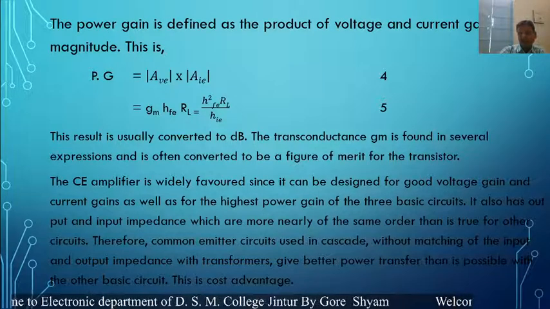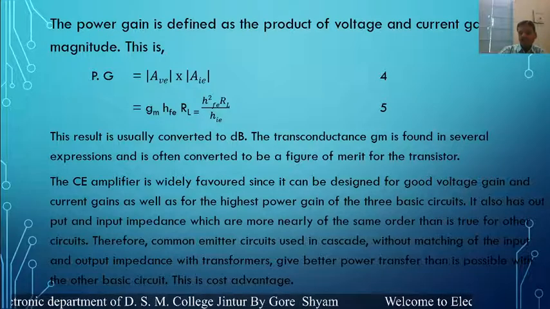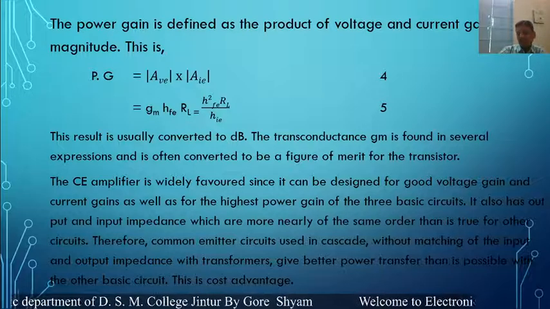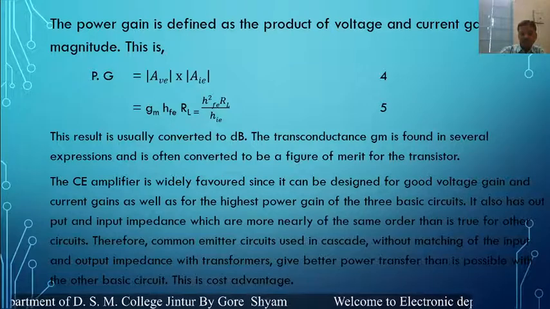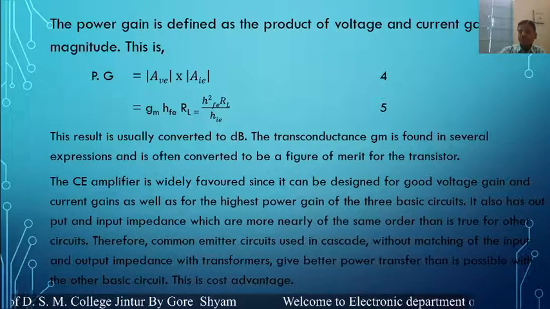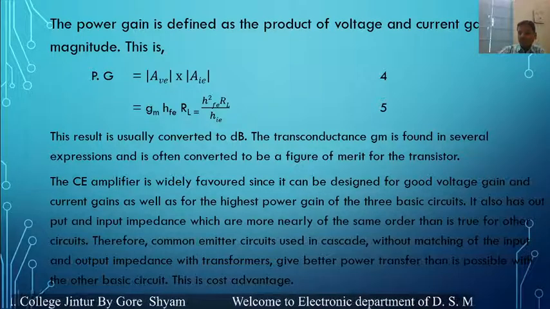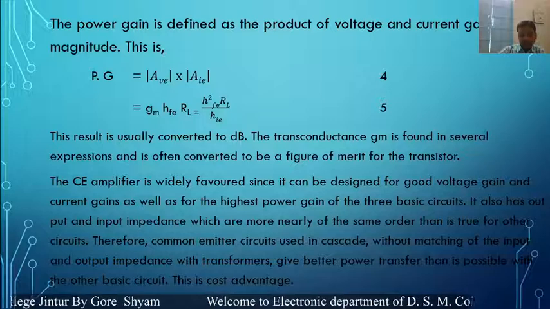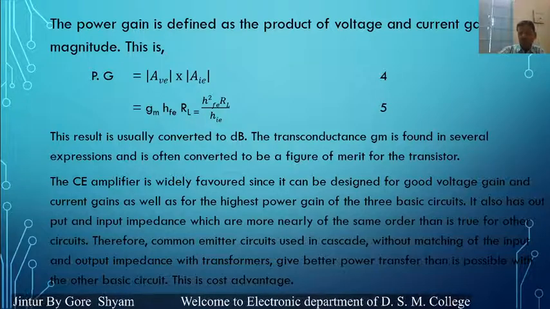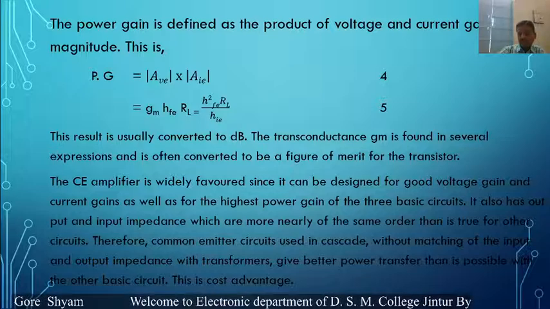When we have to connect two circuits, such common emitter circuits can be connected to any circuit without matching input and output impedance with a transformer. This gives better power transfer than any other circuit, and this is the cost advantage of common emitter amplifier.